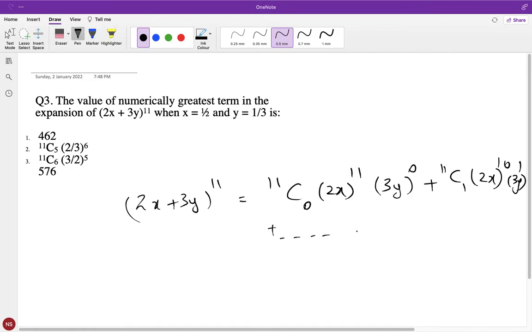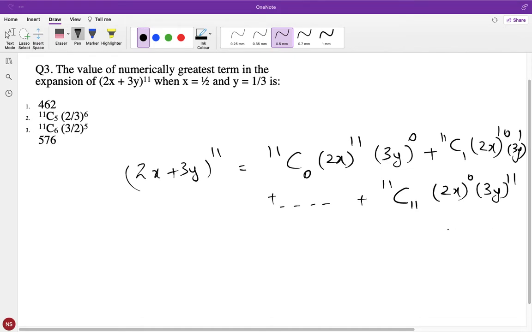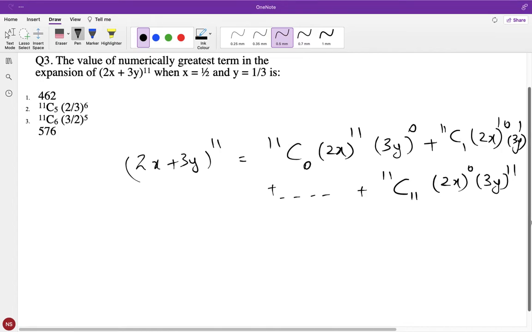We can go on and on up till 11c11 (2x)^0 (3y)^11. Now he's asking which of these terms will be the greatest term, like this term or this term or this term or the ones in between when x equals half and y equals 1 by 3.